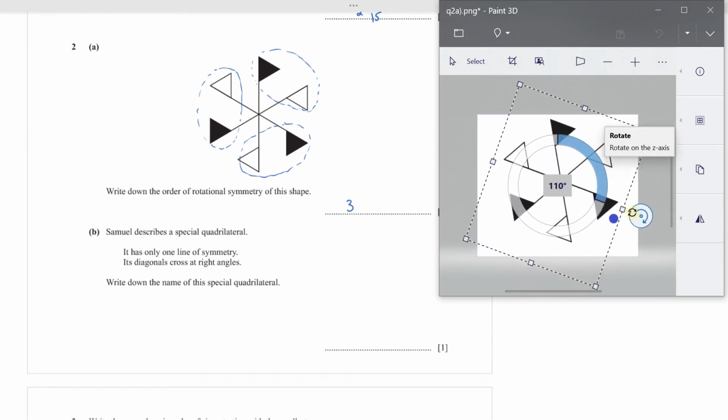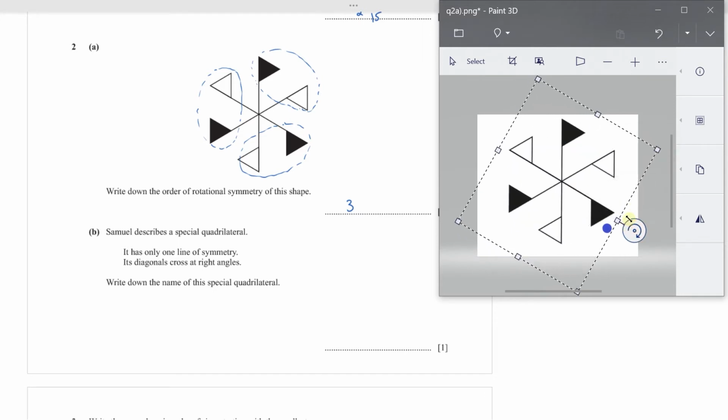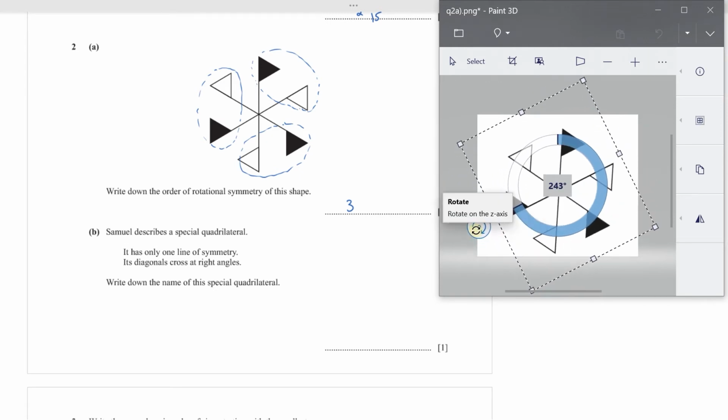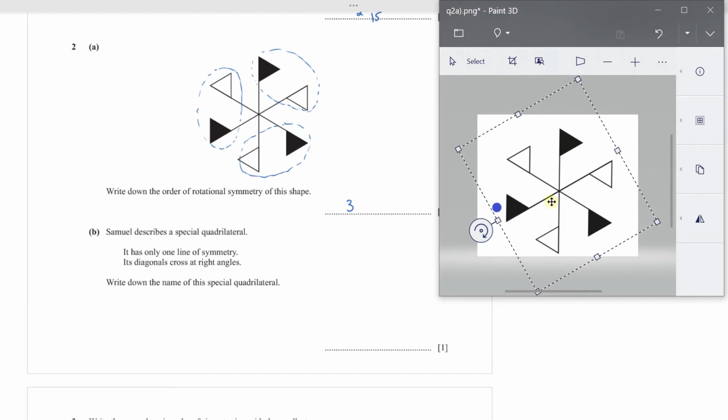So at 120 degrees, if I stop, I have the same shape back that is given in the question. And then if I rotate it another 120 degrees and go up till 240 degrees, again, I have the same shape back.